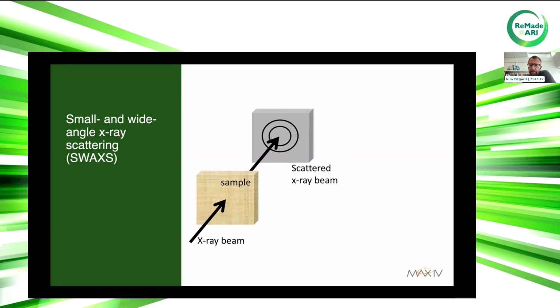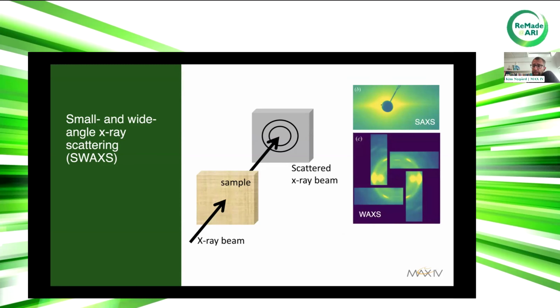So for those who are unfamiliar with this technique, basically we take an X-ray beam, we shine it on a sample, and then we measure a scattering pattern behind the sample. Typically, we then distinguish two different modes here. At very small angles, we talk about small angle scattering. And the figure there on the top right is small angle scattering from wood.